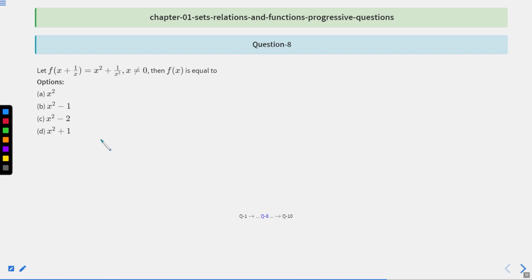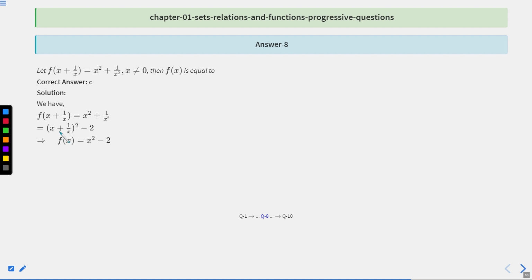Let's move to question number 8. f(x + 1/x) = x² + 1/x². We have to find f(x). We know that x² + 1/x² can be written as (x + 1/x)² minus 2. Right.